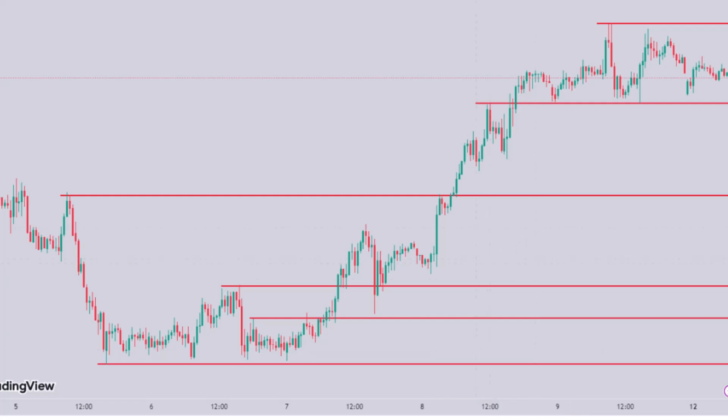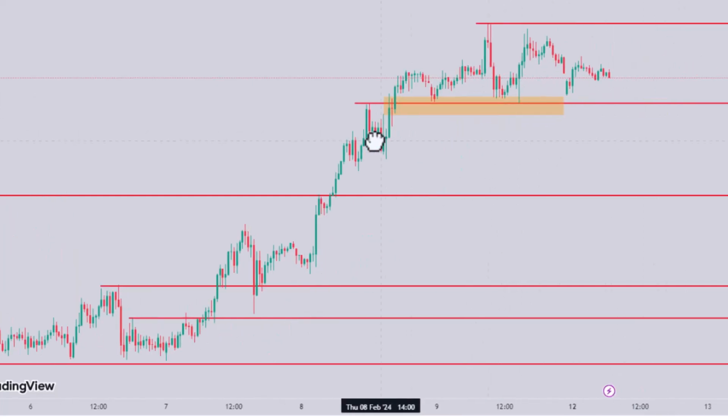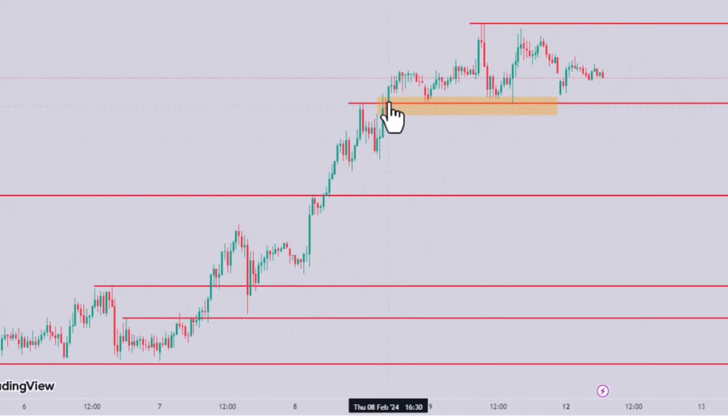Let's say for example, you wake up and you find price at this level and you have your wick at this point. Just highlight that zone and wait patiently to see price reaction as it approaches your level of resistance.